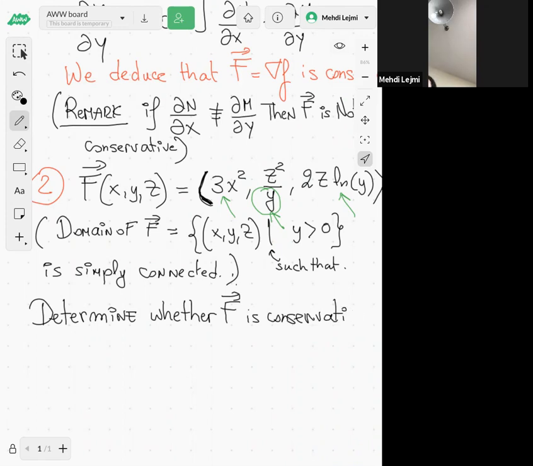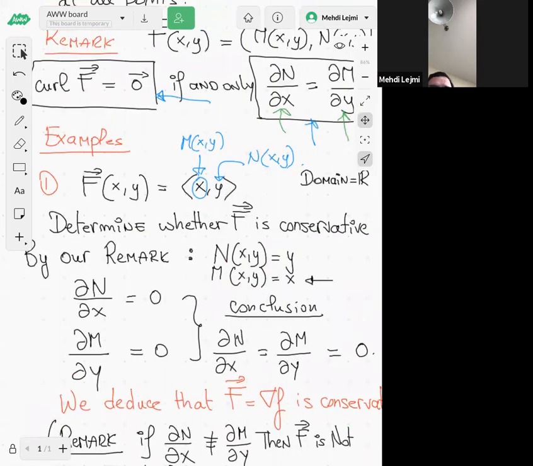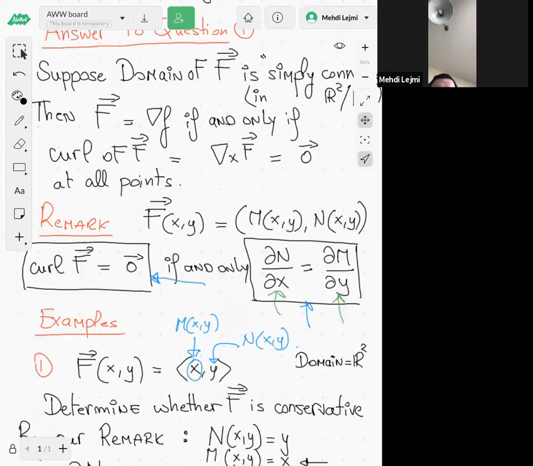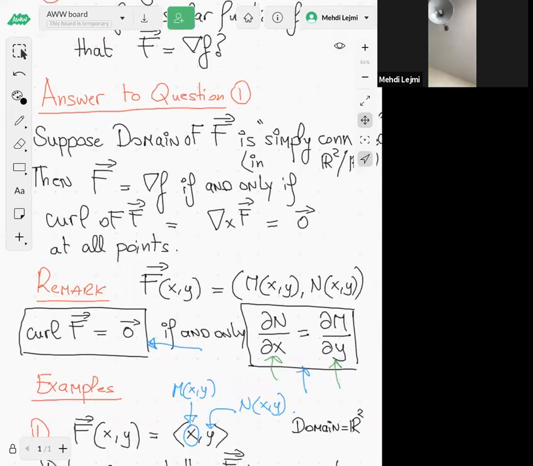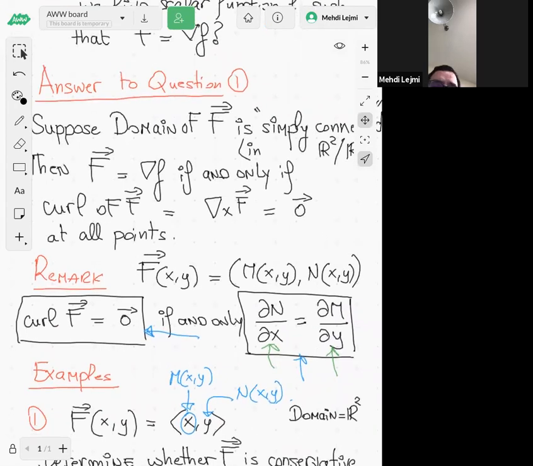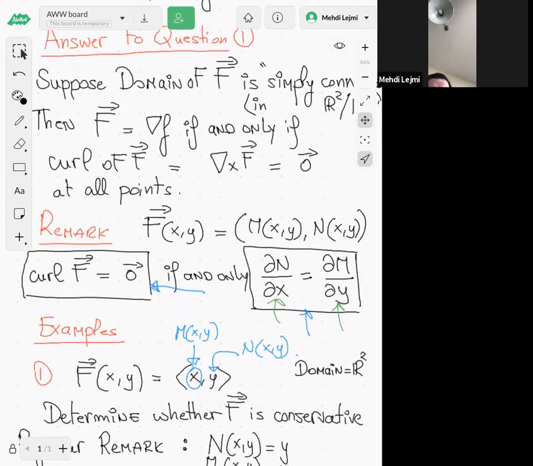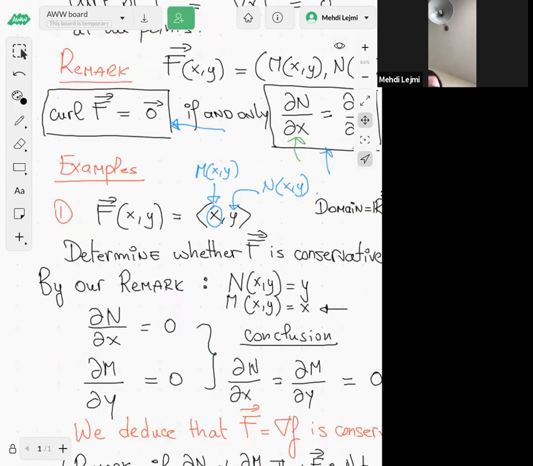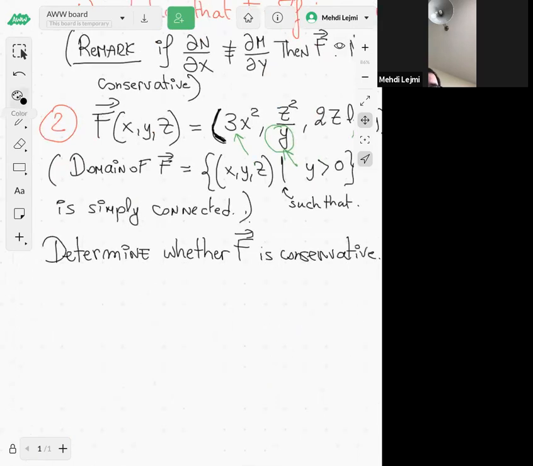What we need to do in this case, by the answer to the first question, is that F is going to be conservative if and only if the curl of F is the 0 vector. So we have to compute the curl of F. We need to see if the curl of F is the 0 vector.